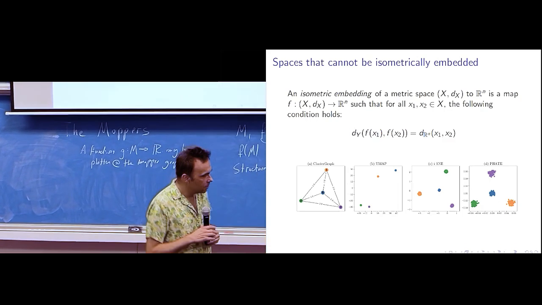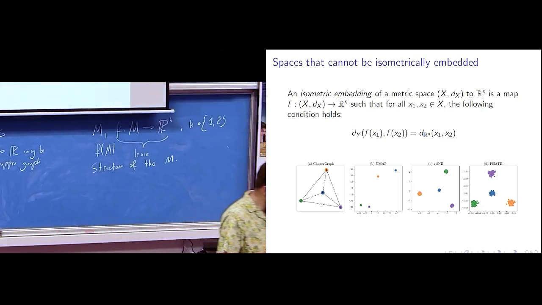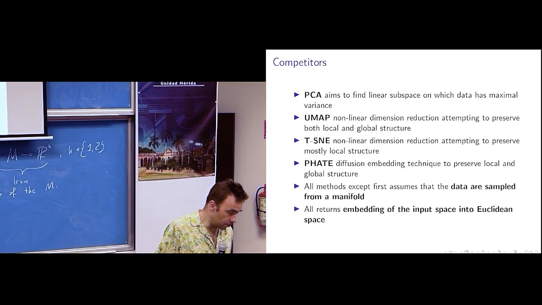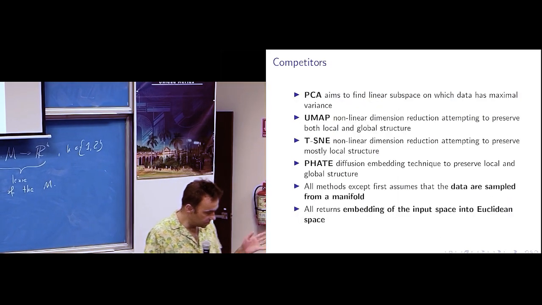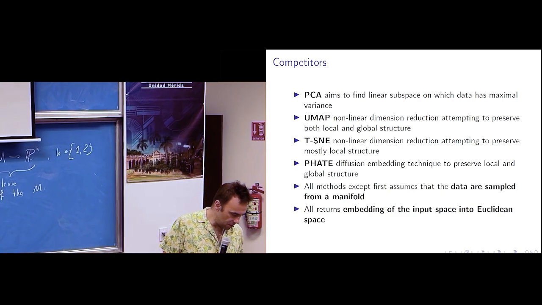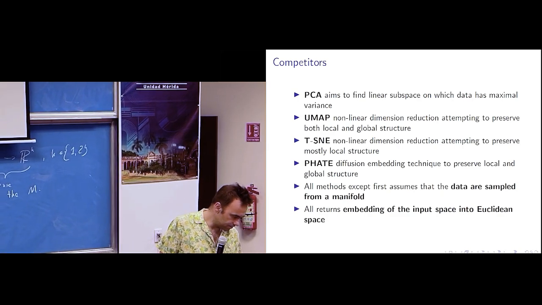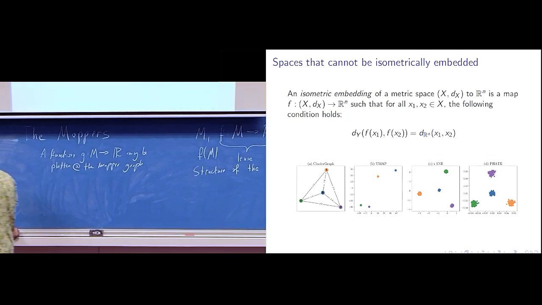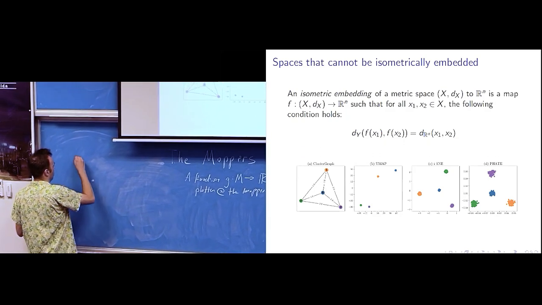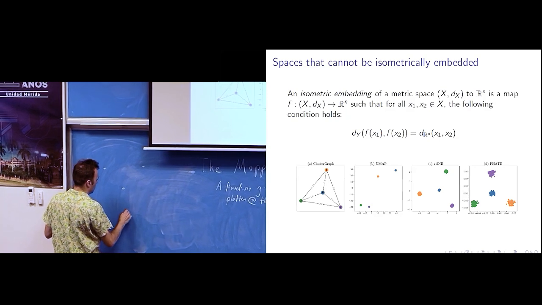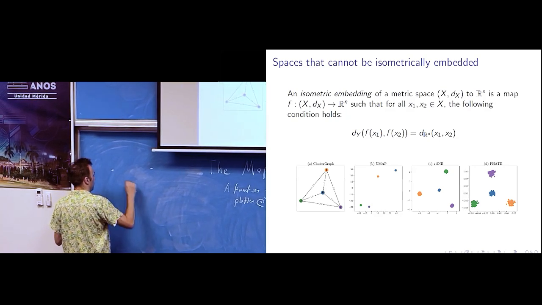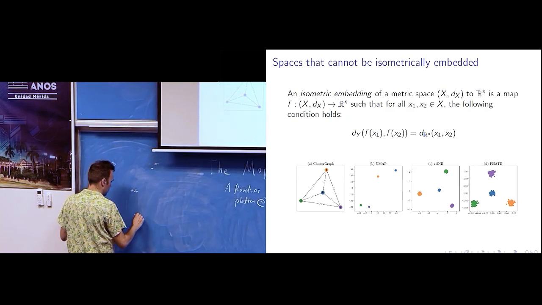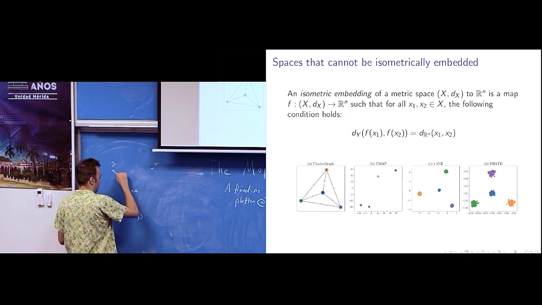So again, our competitors, the linear and nonlinear dimension reduction techniques, are also trying to preserve the local or global distances. So here's the data set. It's a discrete metric space of 4 points. Let me call them A, B, C, and D.